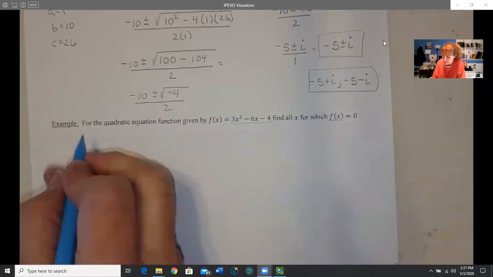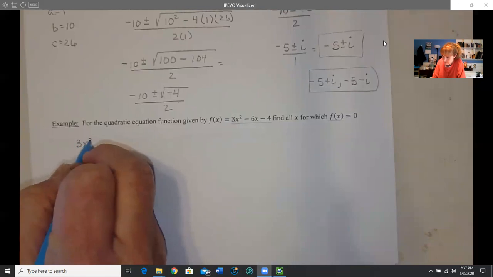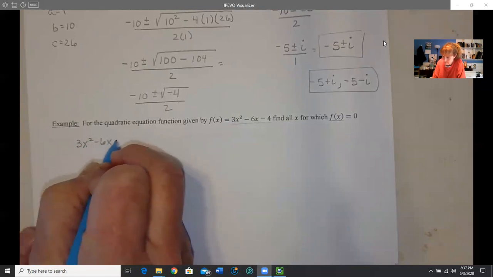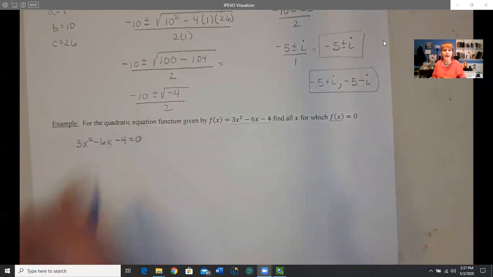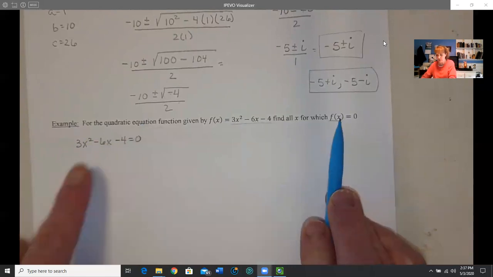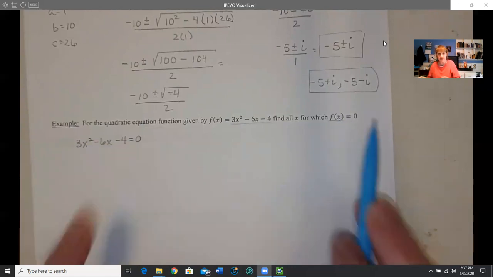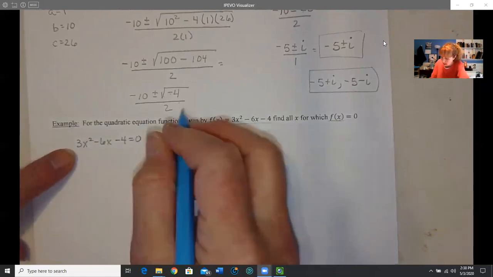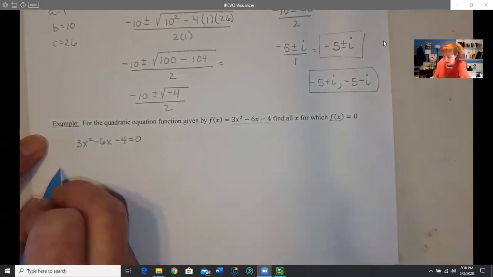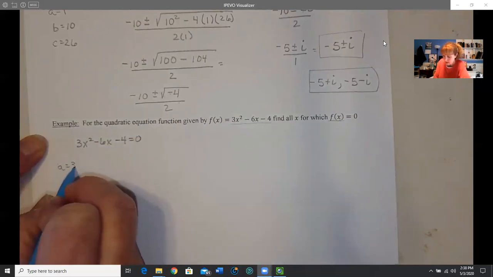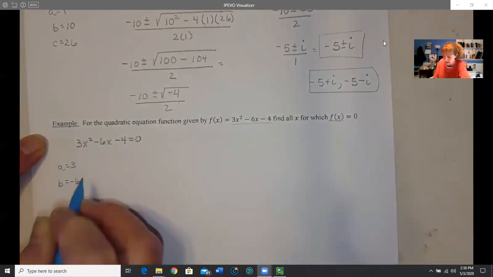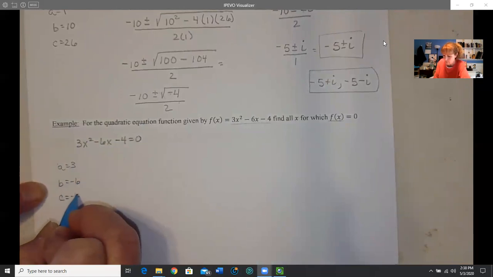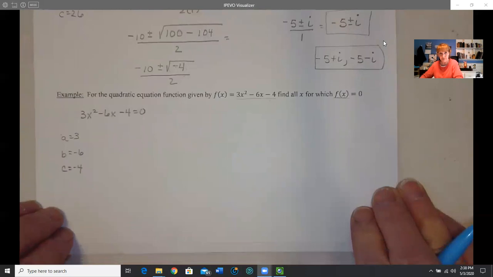So we're going to set our function equal to 0 is what that's asking for. When does the function equal 0? Find the x's. And again, we're going to use our quadratic formula. It's already set equal to 0. So we've got a is equal to 3, b is a negative 6, and c is a negative 4. So we're going to go ahead and put those in.